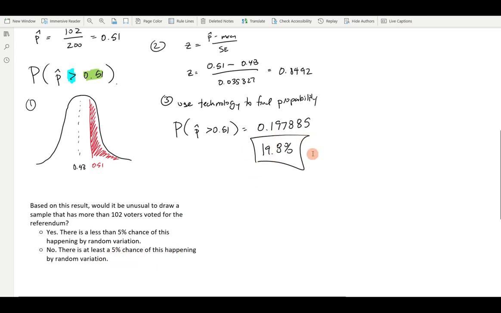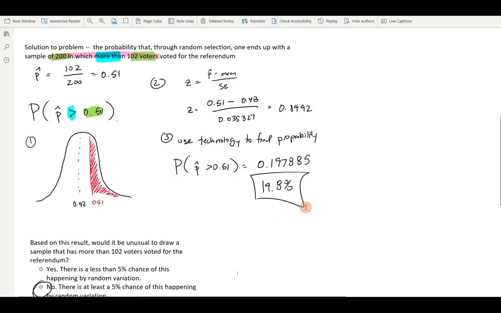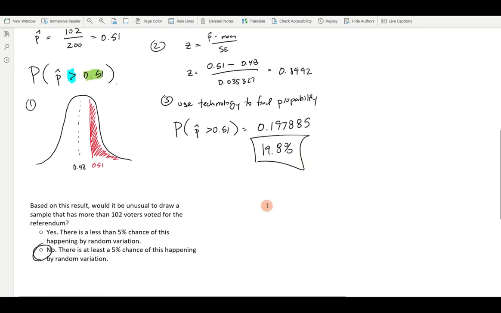I've seen that the likelihood that I would have gotten this sample of 102 voters out of 200 by random chance is about 20%. So in this case, we would not call this unusual. There is at least a 5% chance of me getting 102 people saying yes out of 200 by just random chance. And this is an indicator too that the process of exit polling, at least in this situation, was fairly reliable. It didn't give me an incredibly unusual answer.